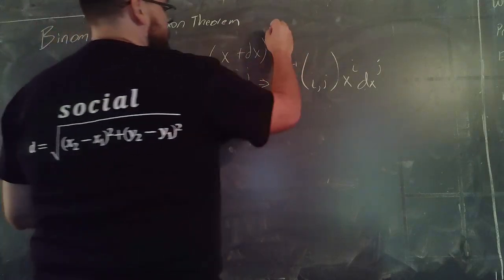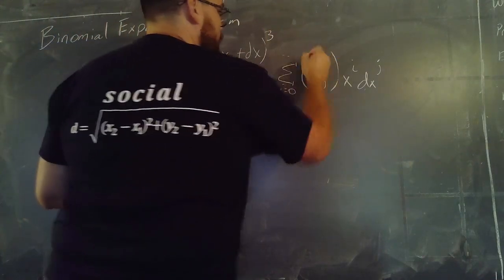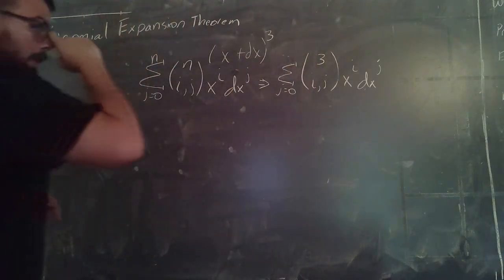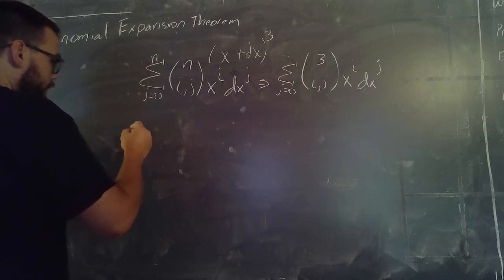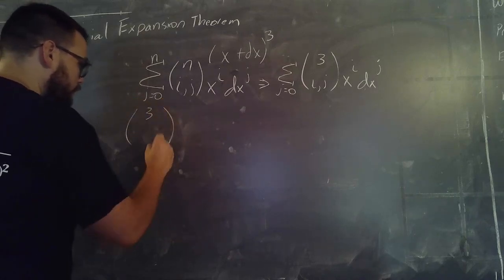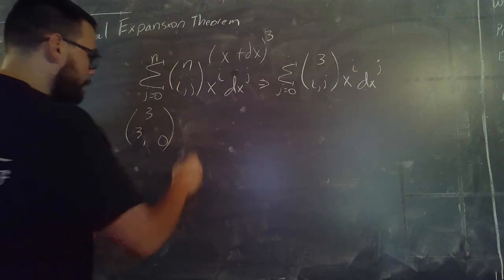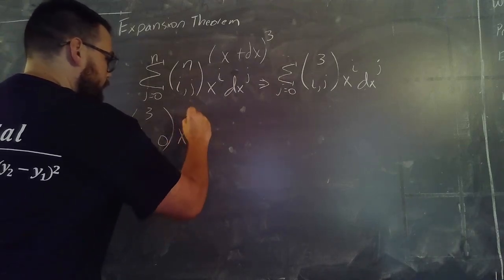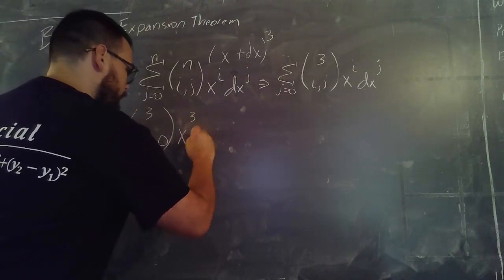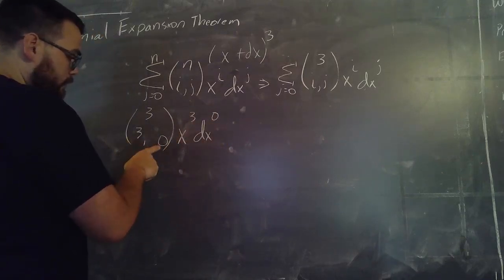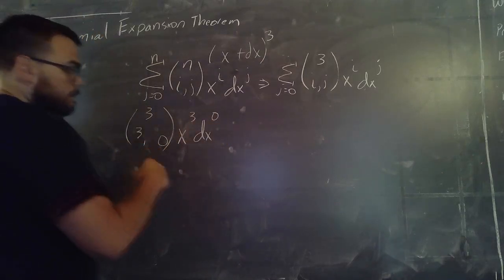So let's try this to the 3rd power. I'm going to start over here. First term is going to be given to you as 0. This is going to be x to the n minus i, dx to the i, and then dx to the j.